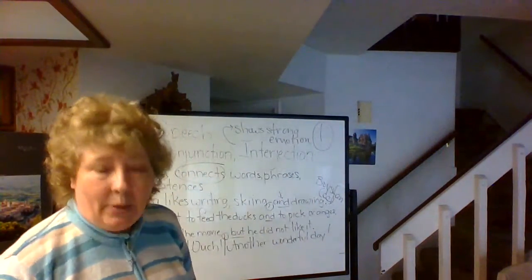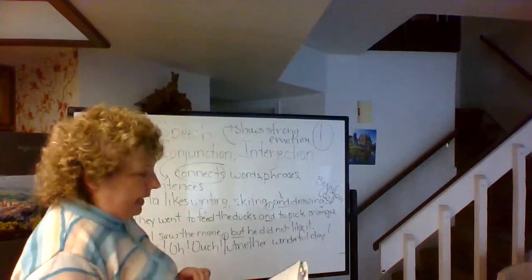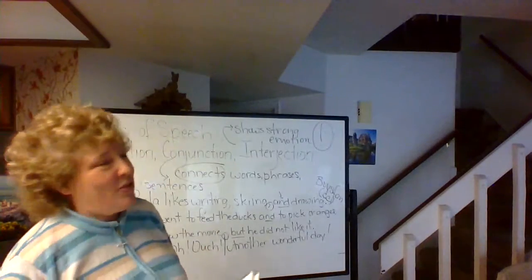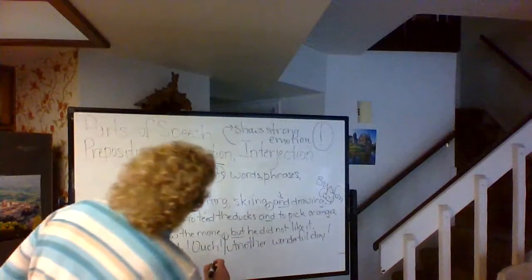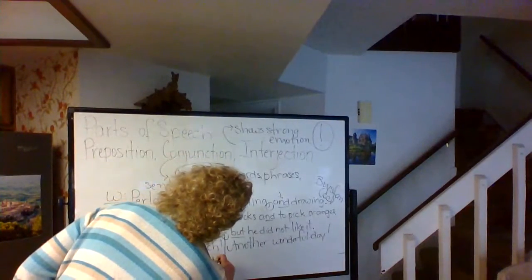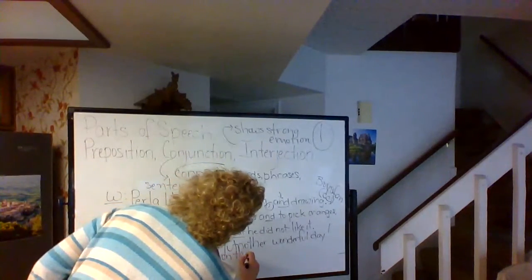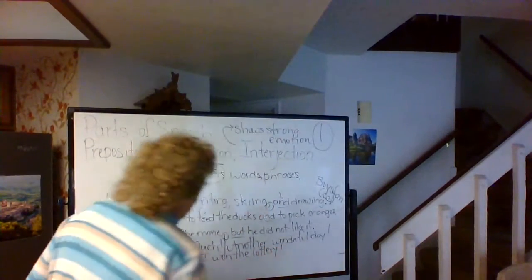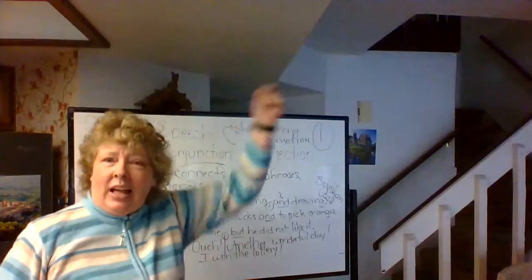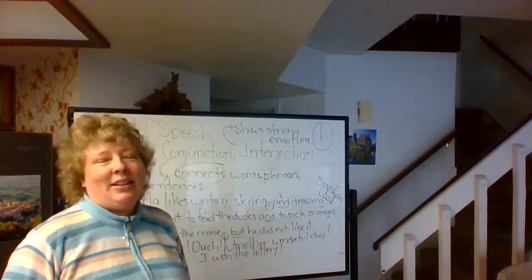Okay, that would be a perfect example. And then finally, I'm sure we all love this one. Finally, for your sentence, we could do, I won the lottery. Everyone got that? I won the lottery. That would be lovely, wouldn't it?